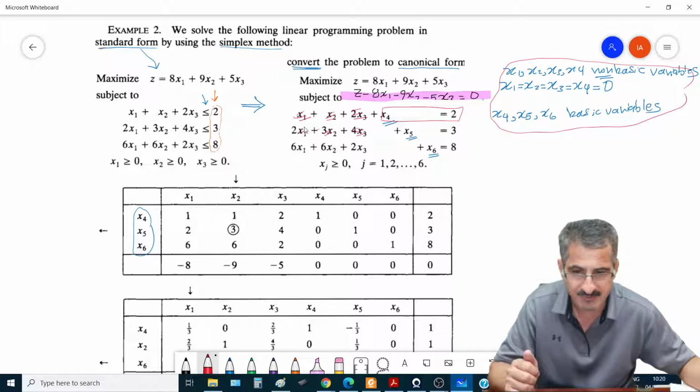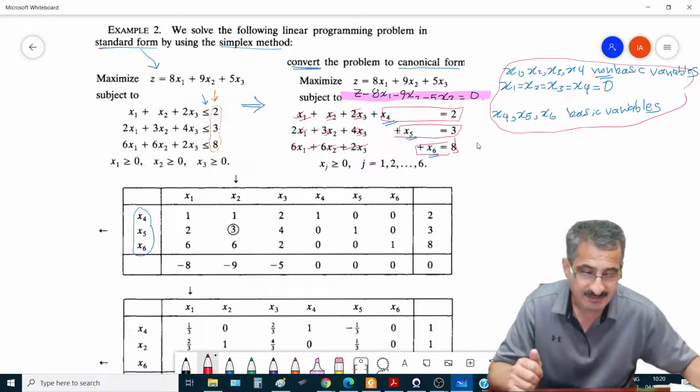Now these are zeros, x5 equals 3, and these are zeros, x6 equals 8. So I get an initial solution, which is (0, 0, 0, 2, 3, 8) transpose.